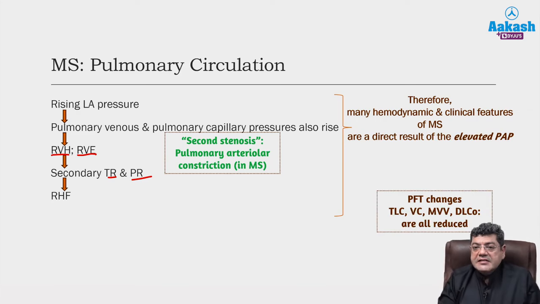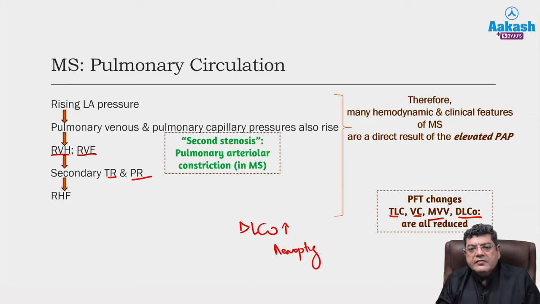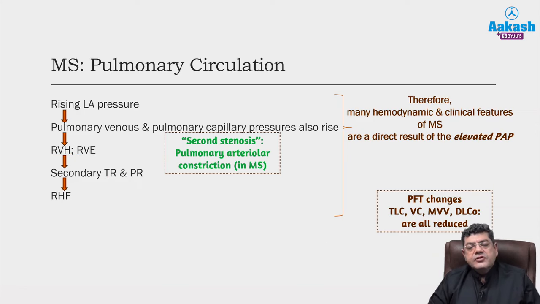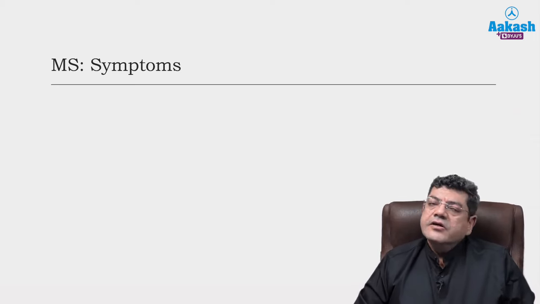So total lung capacity, vital capacity, maximum voluntary ventilation, and DLCO will all get reduced. Small point here is that after a recent episode of hemoptysis, DLCO will be seen to be increased. But eventually, as fibrosis occurs, as hypertension occurs, DLCO will reduce.